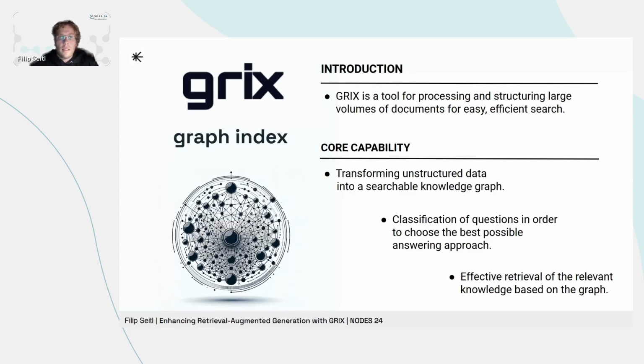So GRIX is a shortcut of graph index, and it's our tool how to address problems I've sketched right now. It consists of three parts. I will go into the detail later, but right now, let's say that at the beginning, you need to transform your corpus of documents, your knowledge base, into some structured form.